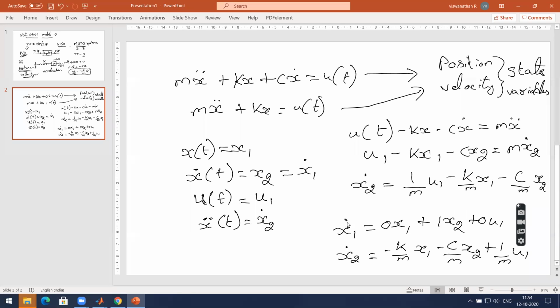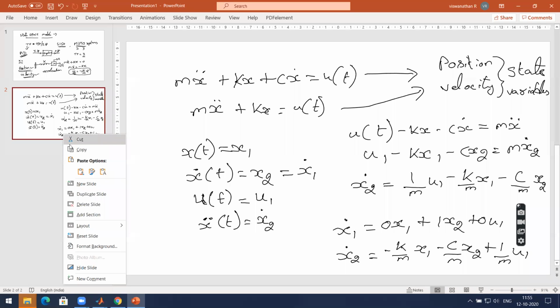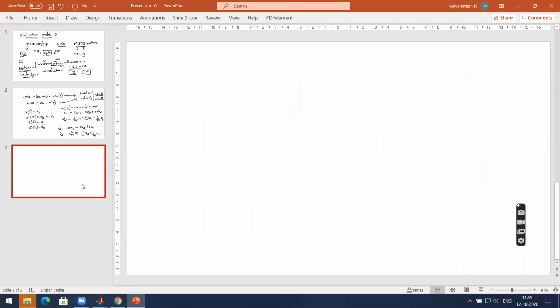So you have these two, x1 dot and x2 dot. Now I'll put it in matrix form. I'll tell you why we are doing all this. What I want to write is of this form: x dot is equal to A x plus B u.